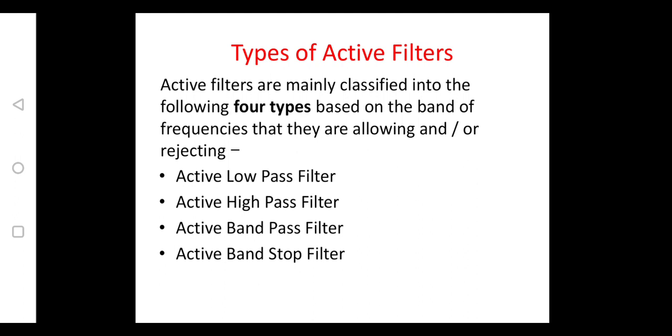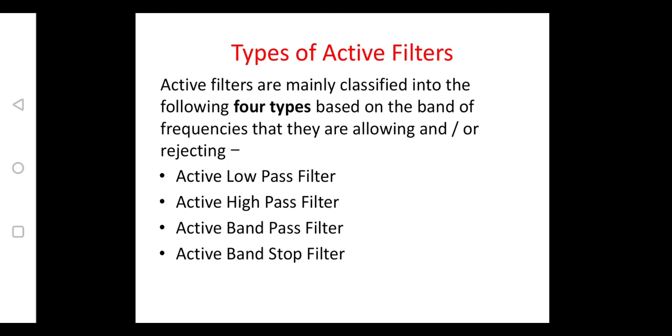The name itself indicates the low pass filter should have the capability to pass lower frequency components and reject higher frequency components. But how to know which frequencies are lower frequencies and which are higher frequencies?